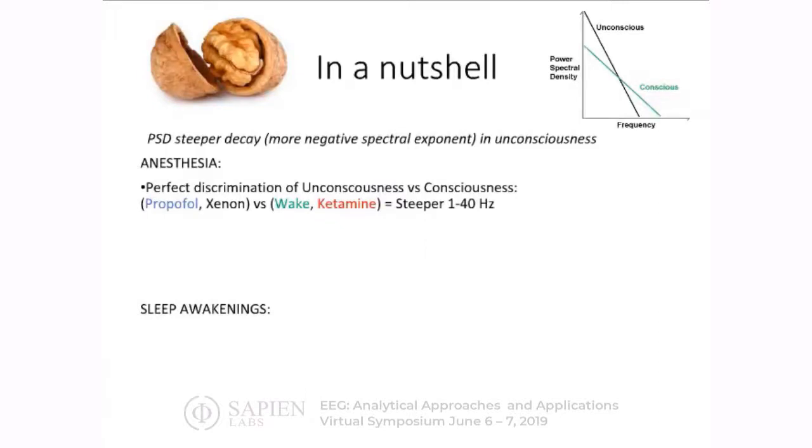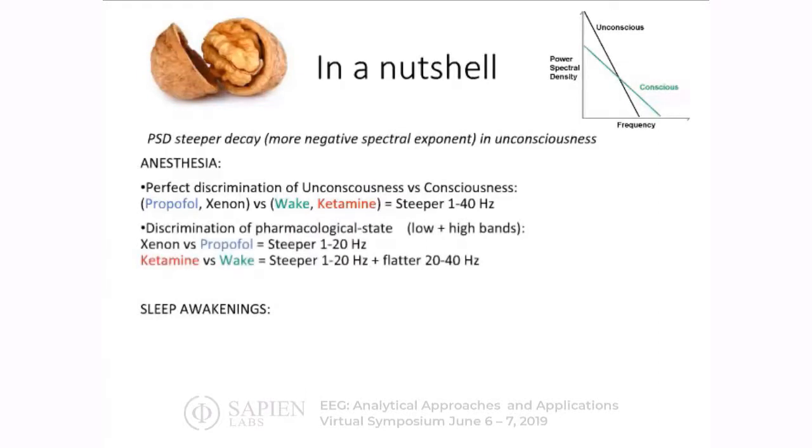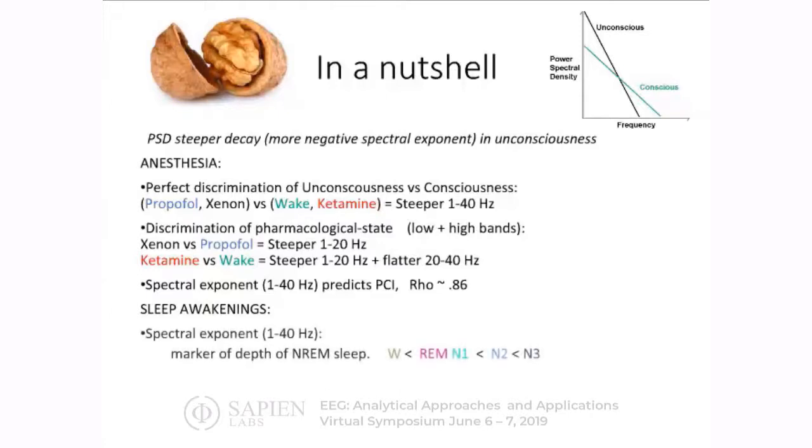Again, in a nutshell, we see that in anesthesia, the unconsciousness-yielding drugs were steepening the power spectrum of the 1 to 40 hertz with different effects in the two bands. We were able to predict PCI with the spectral exponent.